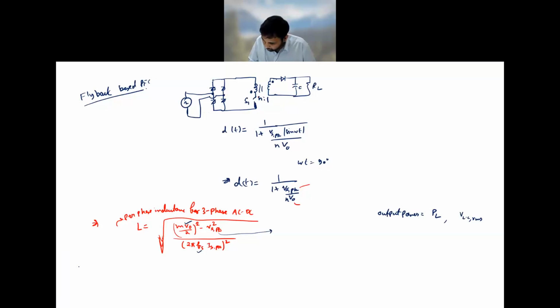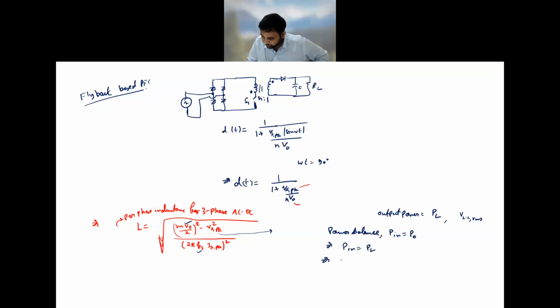We consider it a lossless converter if no efficiency term is given. So we make P in equal to P naught, that is P in equal to PL.